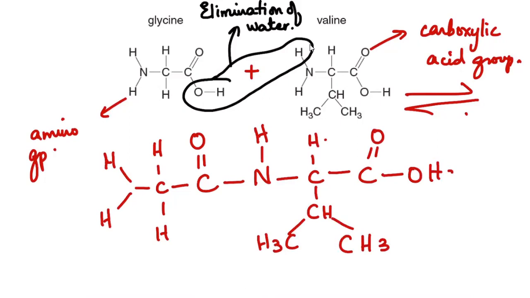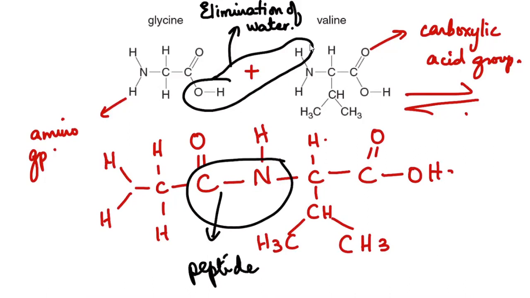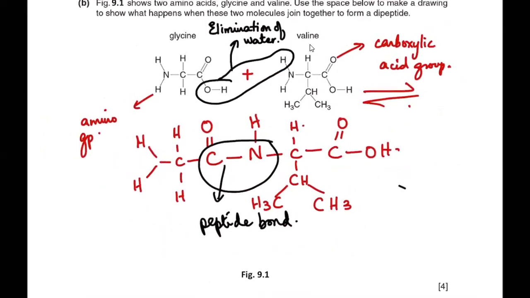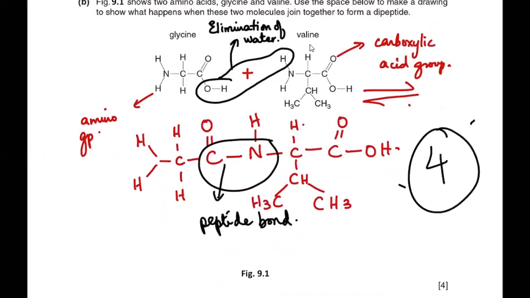This is a peptide bond. It should be drawn correctly, and in fact you can label it also. आप इसको label भी कर सकते हैं. Peptide bond drawn correctly, amino and carboxylic acid ends shown, correct R groups drawn, elimination of water shown. And this is a question that carries 4 marks. So हमने सारे points show कर दिए हैं, so we can get full marks. Is that okay? Yes, miss.